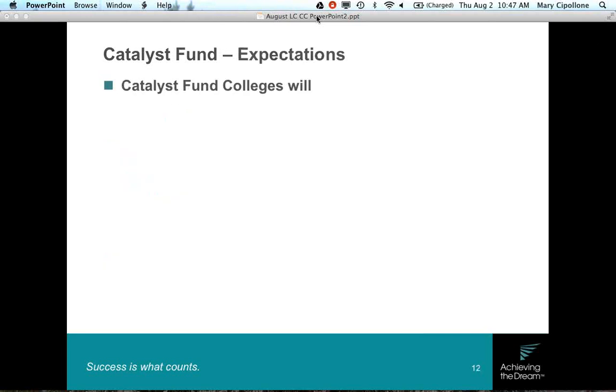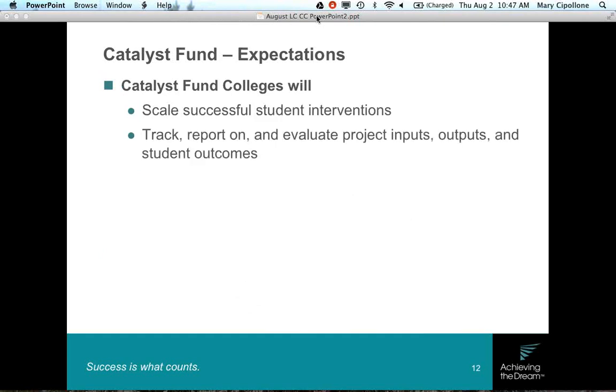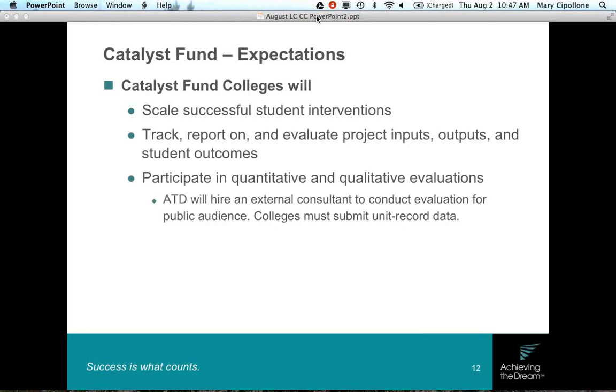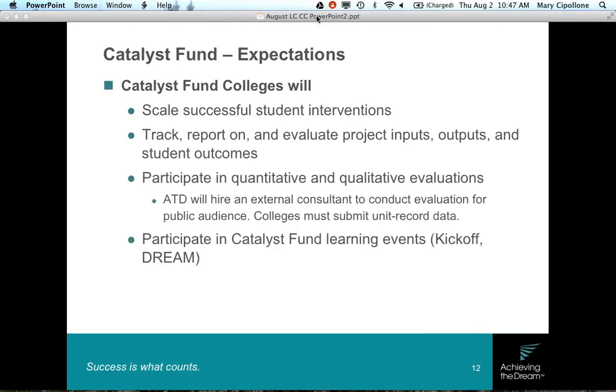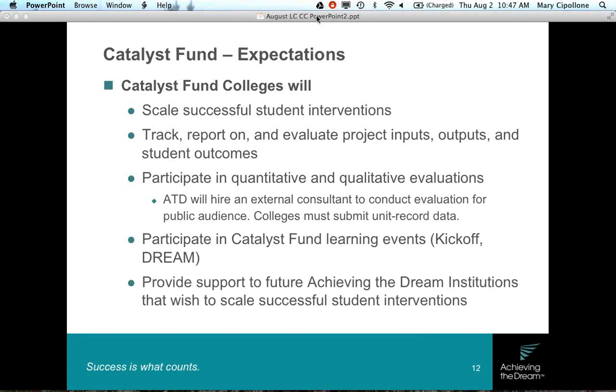The main expectations of the Catalyst Fund colleges will be to scale effective student interventions, track and report on various deliverables and student measures, submit unit record data to Achieving the Dream, participate in Catalyst Fund learning events such as the Kickoff and DREAM, and provide support to future Achieving the Dream institutions that wish to scale successful student interventions.